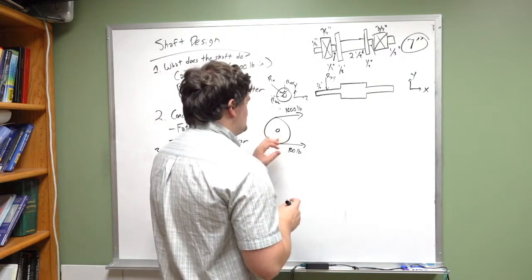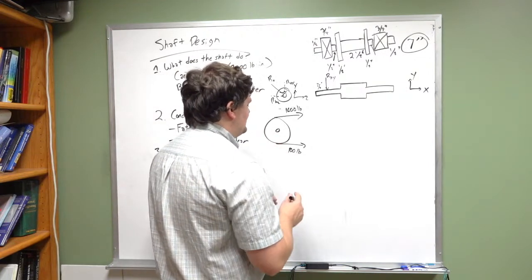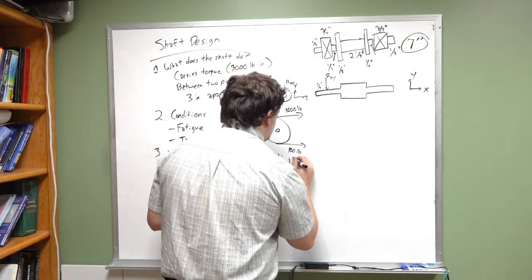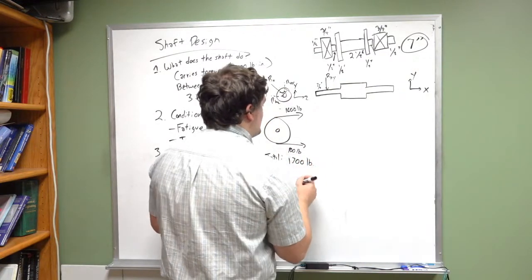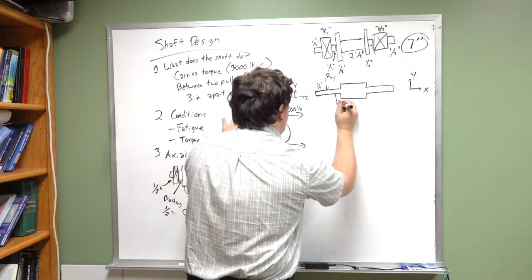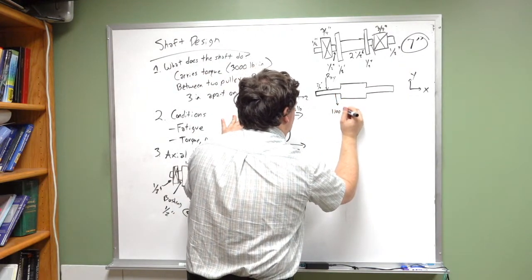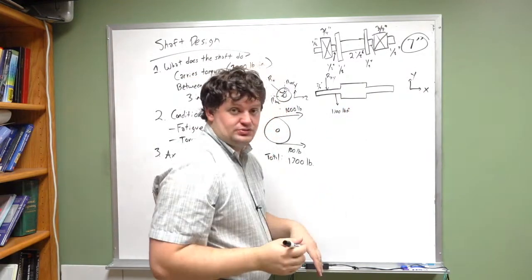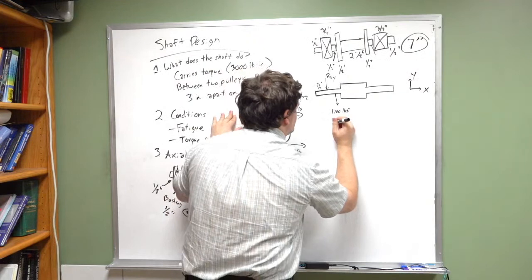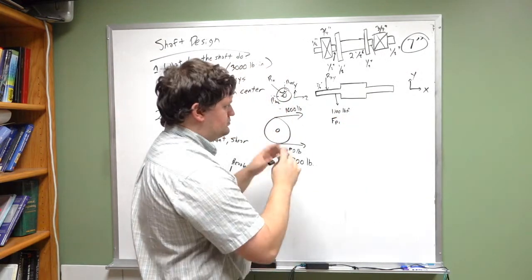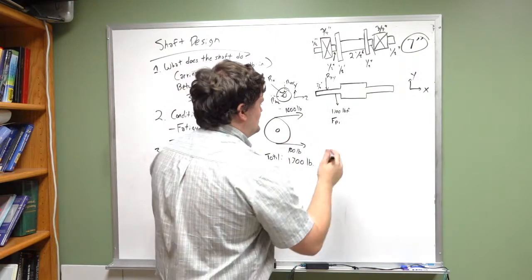Okay, so this is what one pulley is going to look like. It's got a total shear force of 1,700 pound-force, and we'll go ahead and say that 1,700 pound-force is exerted entirely in the Y direction. Okay, so this is F pulley 1, 1,700 pounds in this direction.